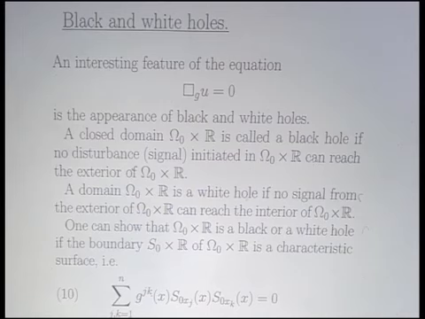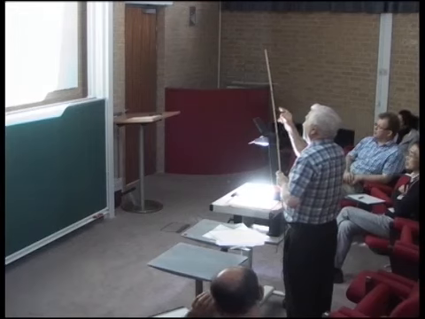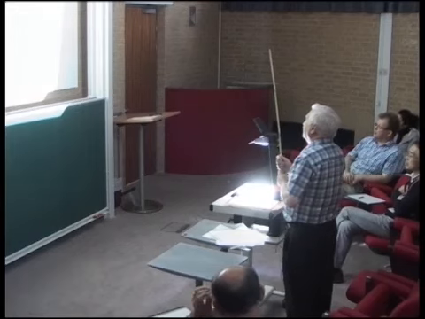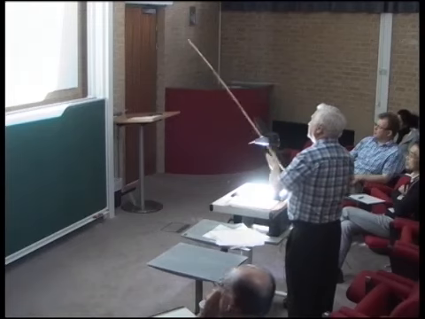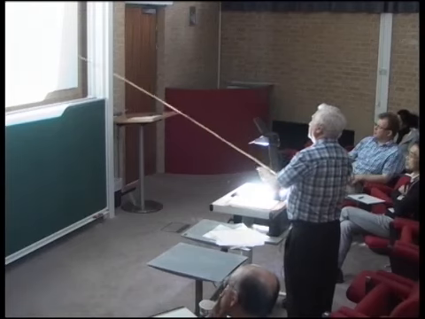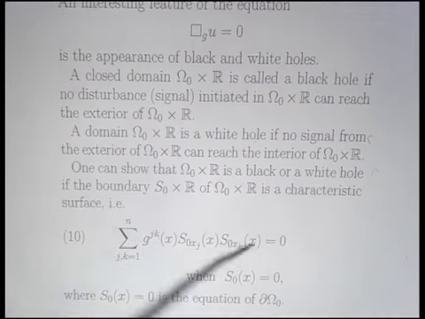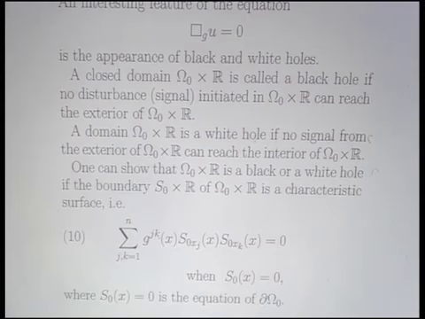Now it is easy to show, and this is not a theorem, it's a proposition, that in order to have a black or white hole, the boundary should be characteristic, where S0 is the boundary of the black or white hole.